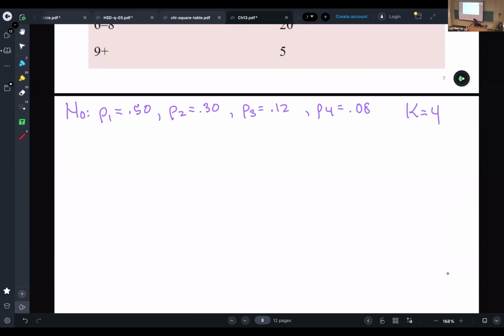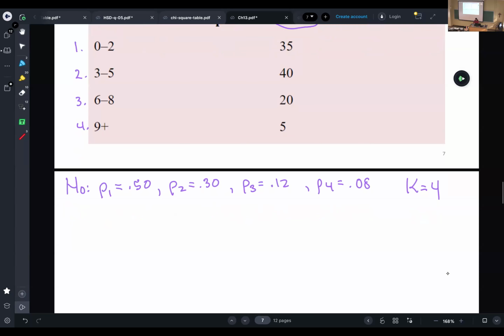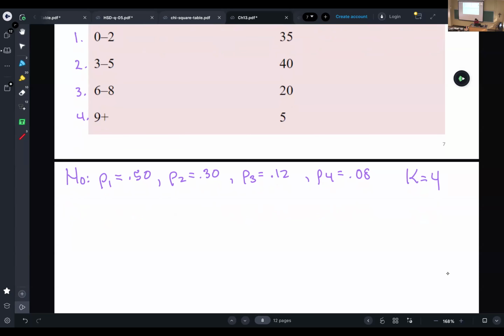K equals 4 in this case, because we have 4 groups. This is group 1, group 2, group 3, group 4. Group 1 is 0 to 2 days, group 2 is 3 to 5, group 3 is 6 to 8 days, and group 4 is 9 or more days. So that's what we hypothesize, that's what the faculty expects.